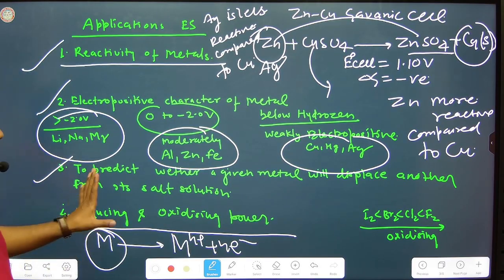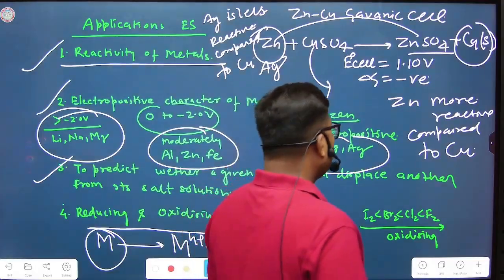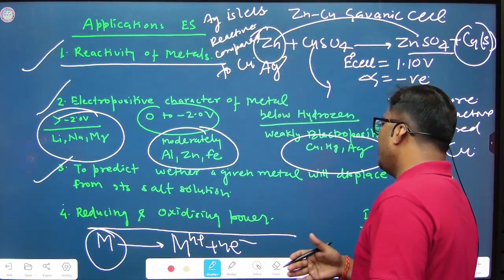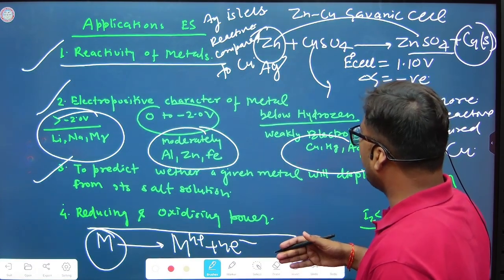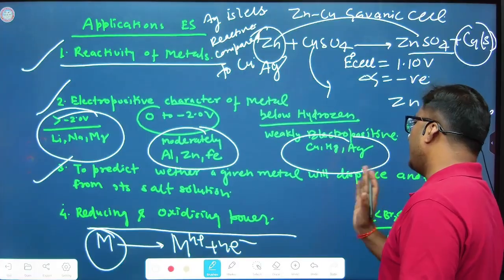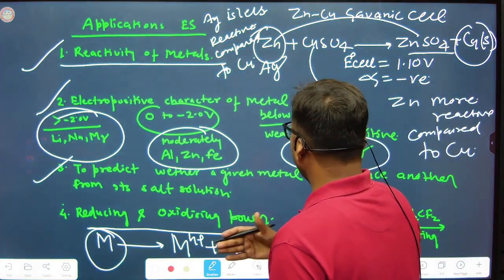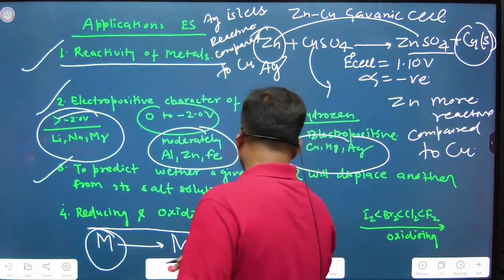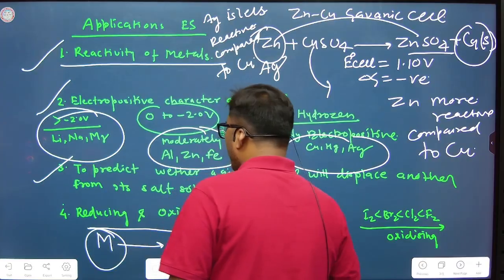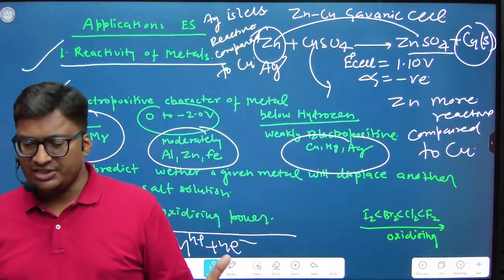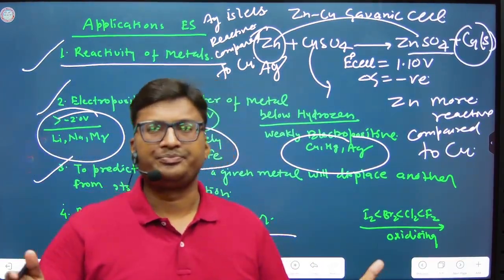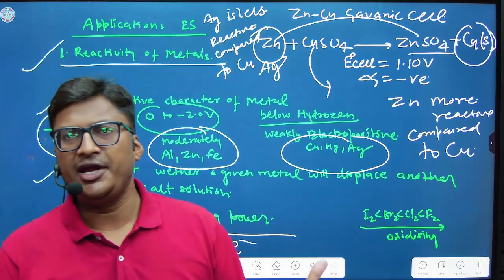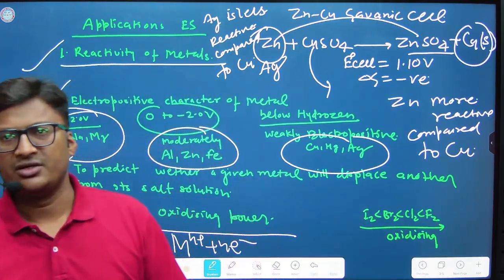So in the electrochemical series, which elements are highly reducing and which elements are weakly reducing? That can be understood through the knowledge of standard reduction potential. Now, what is the oxidizing power? Oxidizing power is defined as the susceptibility of a metal to gain electrons, right?